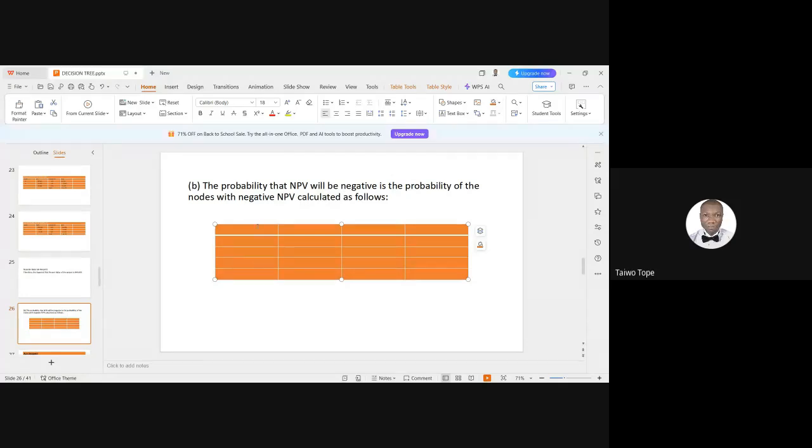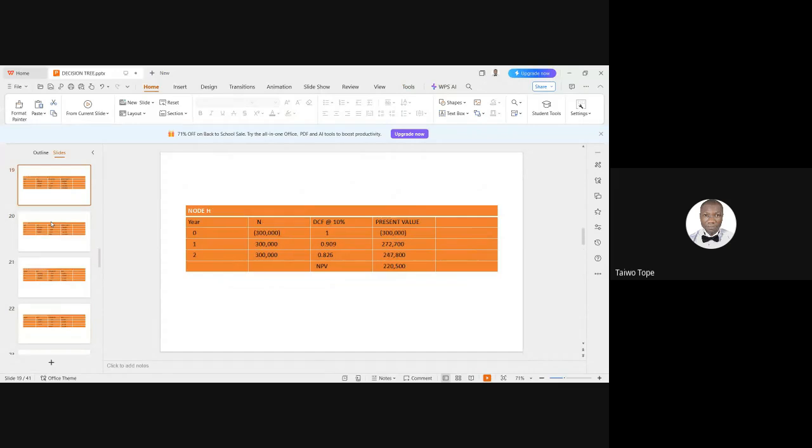So we have the nodes. What are those nodes with negative NPV? A, B, C, and D. Now, for A, let's go and see what's happening there.